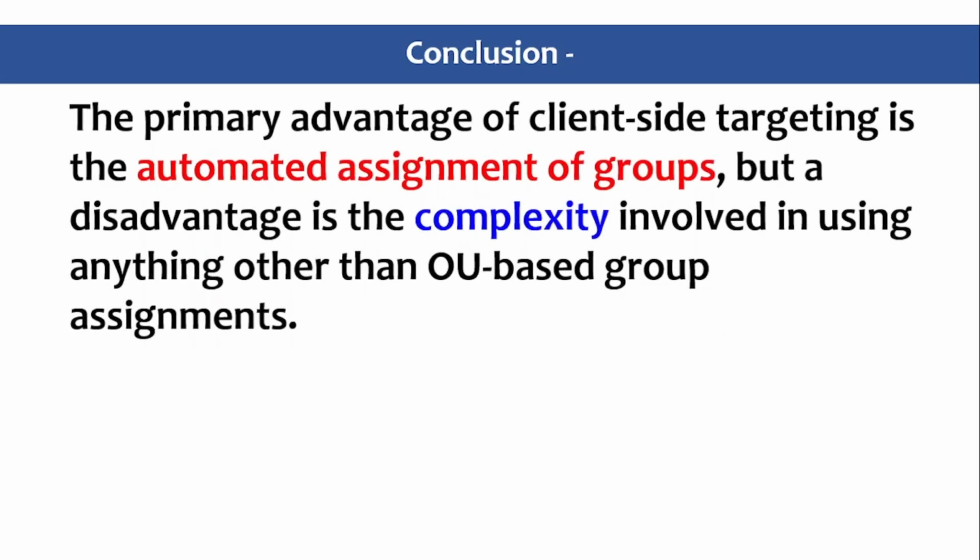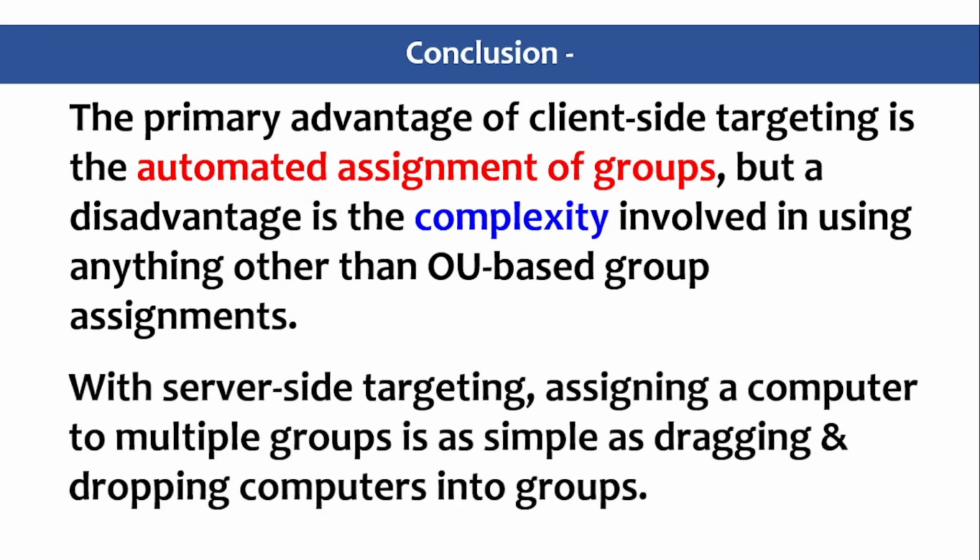So in conclusion, the primary advantage of client-side targeting is automated assignment of groups, but the flip side is the complexity involved in using anything other than OU-based group assignments. So there's a disadvantage as well. Your OU structure has to be very clear if you want to use client-side targeting.